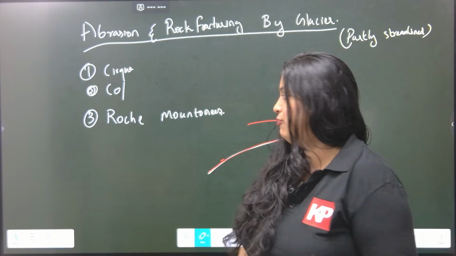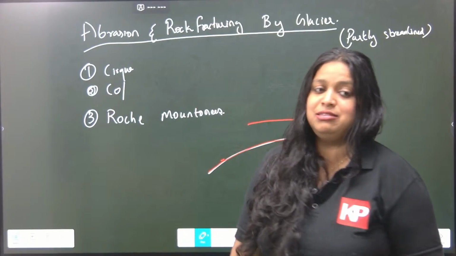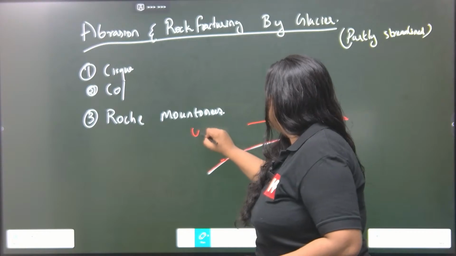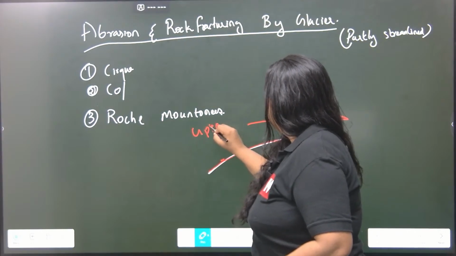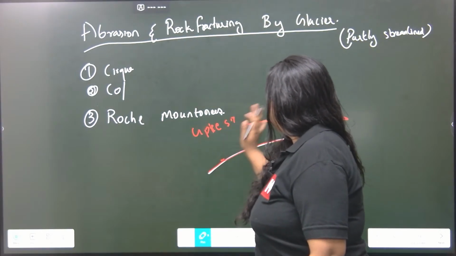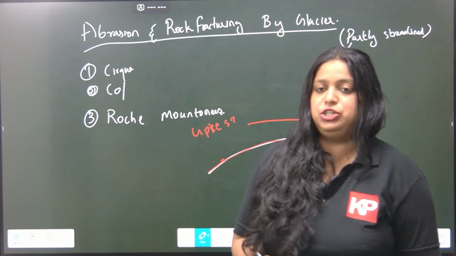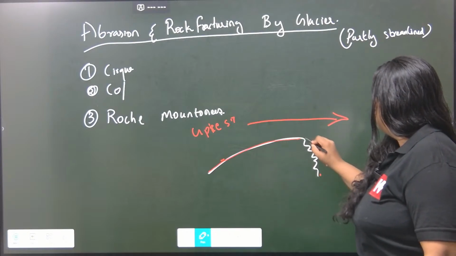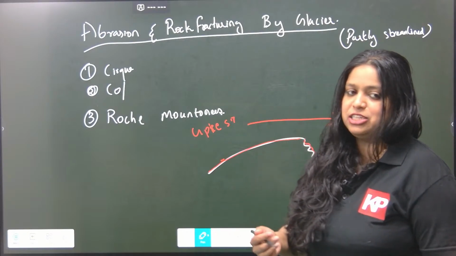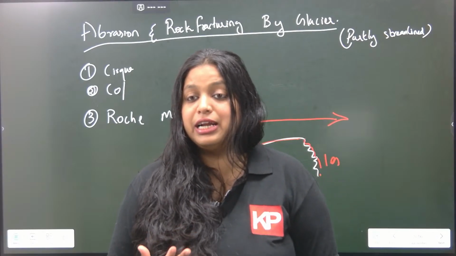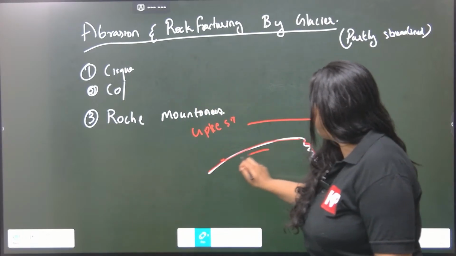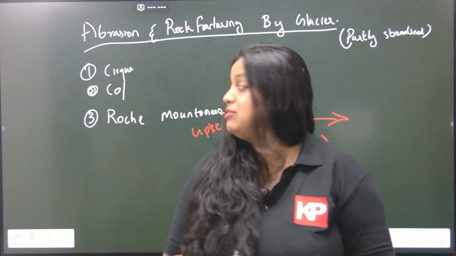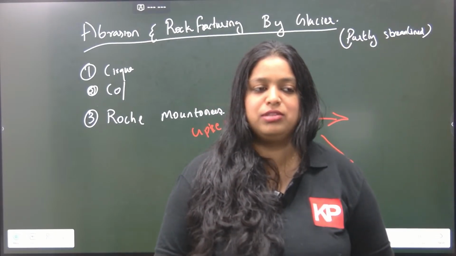The peculiarity is that the up-ice stoss side is polished, streamlined and smooth, whereas in the lee side plucking and fracturing happen, hence it is much more rugged. The stoss side gently dips, the lee side steeply dips. This is how a roche moutonnée looks.